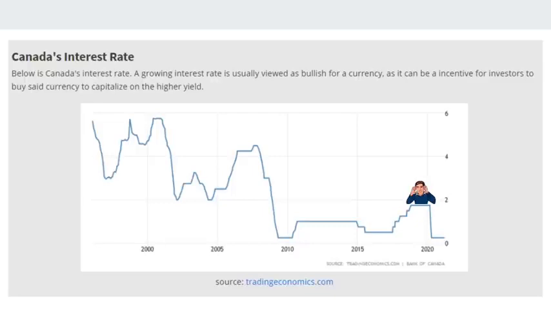Now, cutting rates is a way to stimulate economies, and it is usually seen as a concerning thing for a currency, because if you have to cut rates, it means that the economy underlying could be in trouble. And it also makes, again, going back to that, where would you stick your money? If there's less interest being offered in a certain country, you may be less interested in parking your money there, if that makes sense.